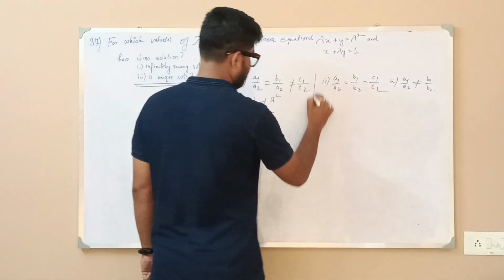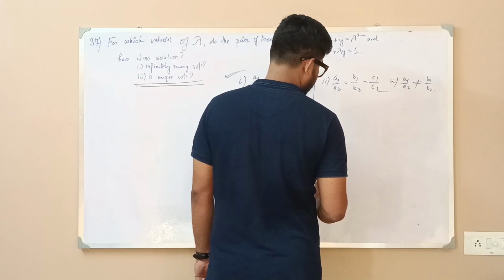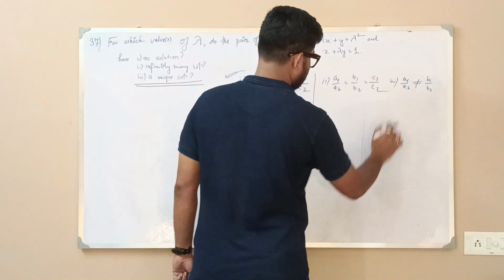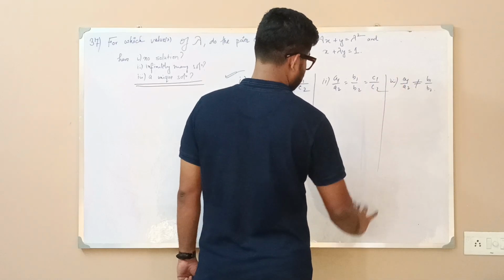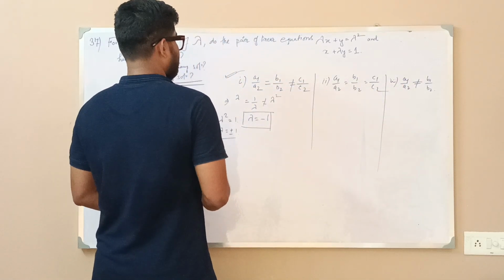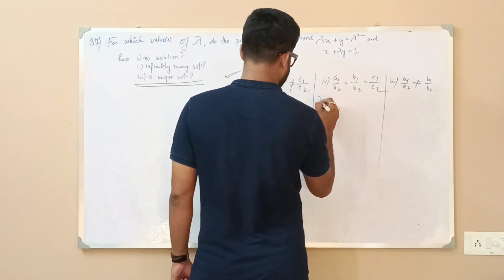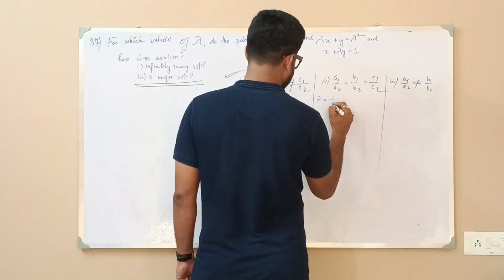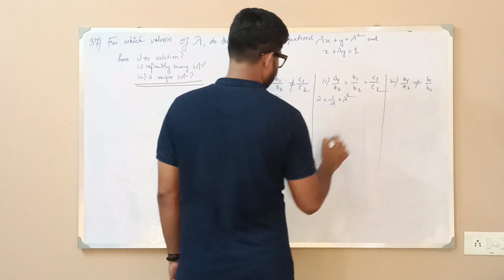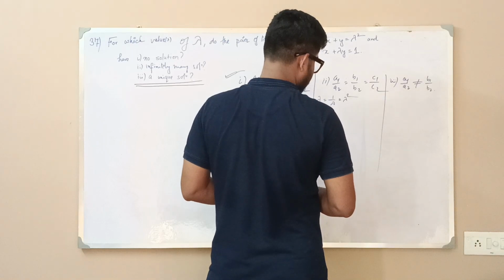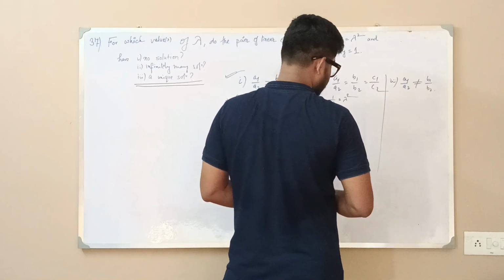Okay. Now in the second case, okay, so in this case you can take lambda equals to 1 by lambda equals to lambda square. So in this case you can take actually both the values for lambda.